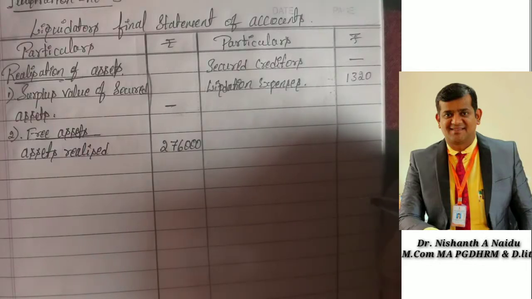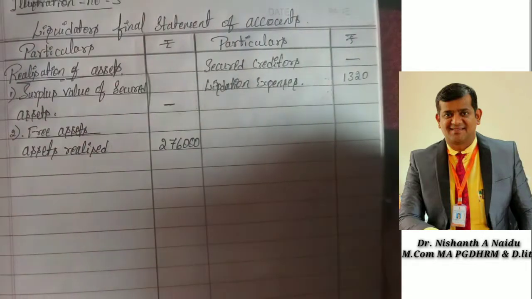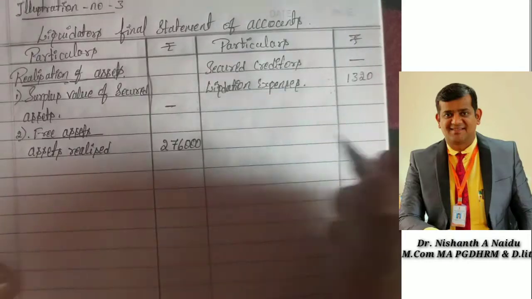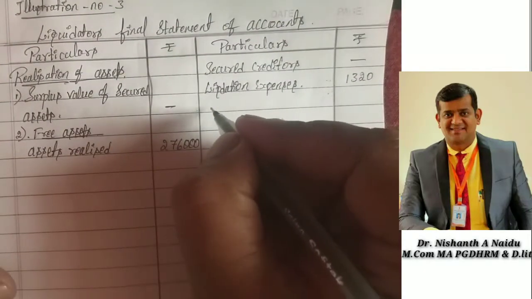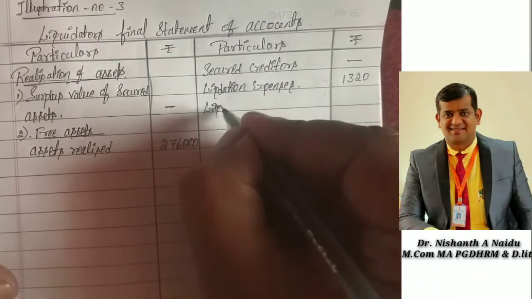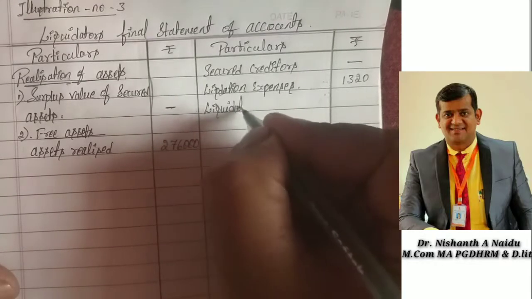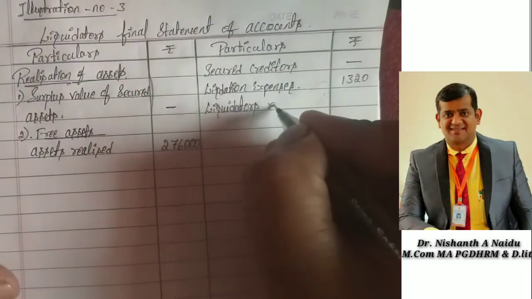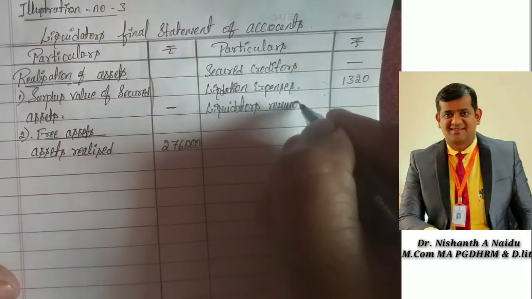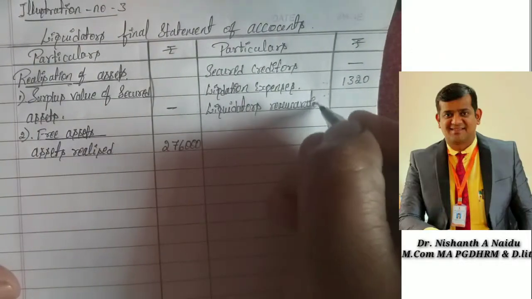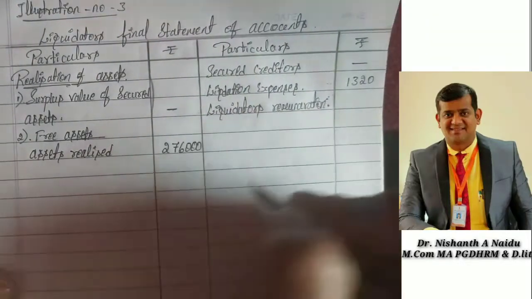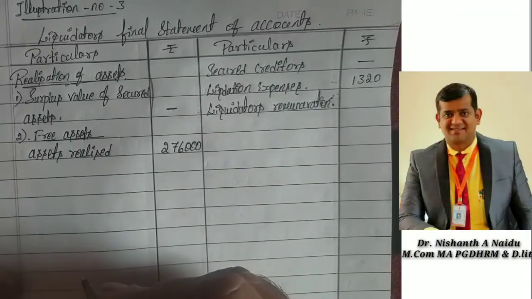So directly we have to calculate the liquidator's remuneration now. Okay, so now let us write liquidator's remuneration. What all he has said, we are going to calculate one by one.